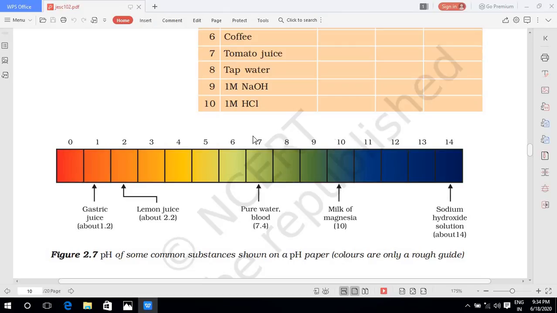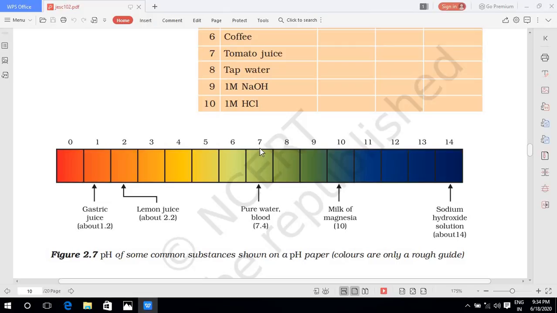This is how the markings on the pH scale look. The pH scale starts from 0, and 1, 2, 3, 4 progressively to the right up to 14. This is a very basic and common standard form of the pH scale. Now 7 lies in the middle, and 7 indicates that the pH is neither acidic nor basic.